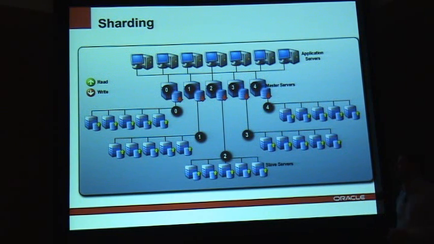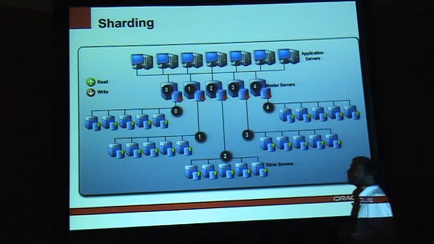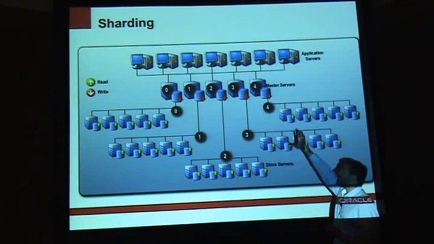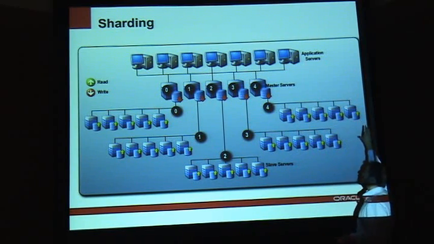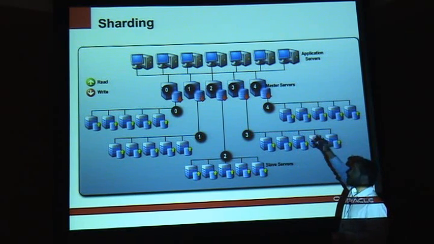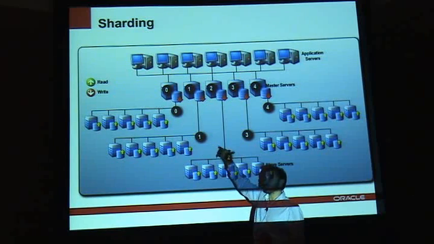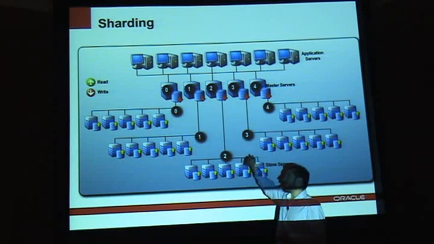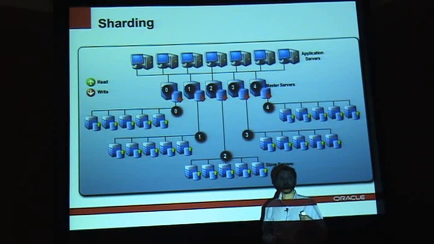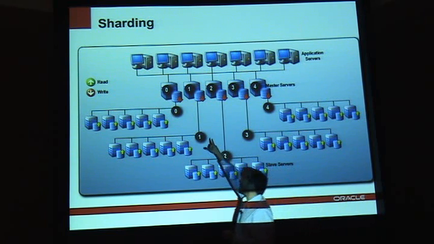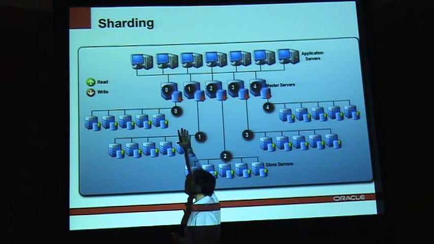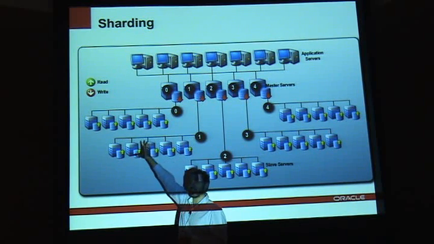To give you an idea of how sharding works, basically, you have your set of application servers on top, and you identify a shard given a specific application usage as an element like this, like one master or a few masters and some slaves.